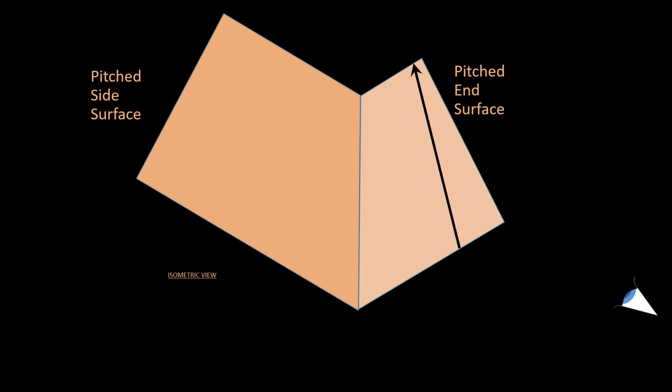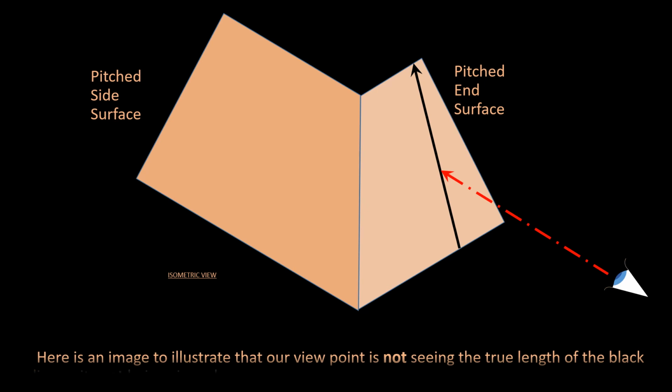Here is an image to illustrate that our viewpoint is not seeing the true length of the black line, as it's not being viewed square on from the in view. So therefore, it's not the true length.